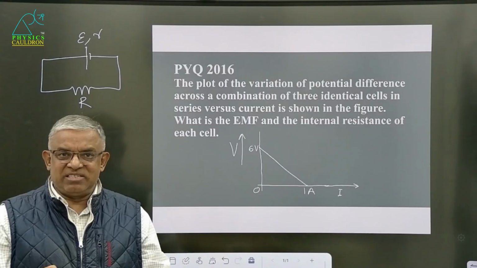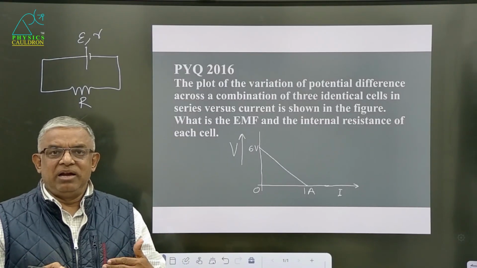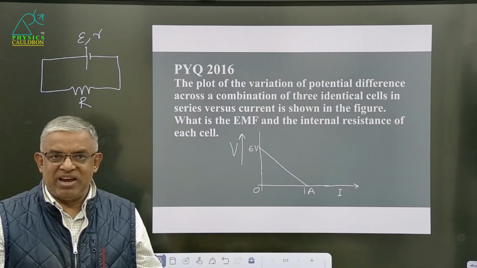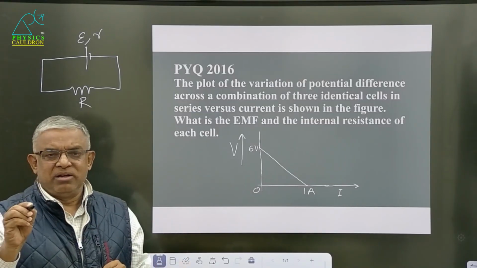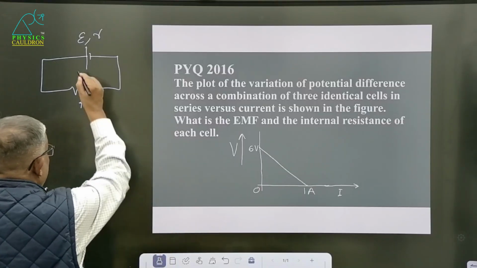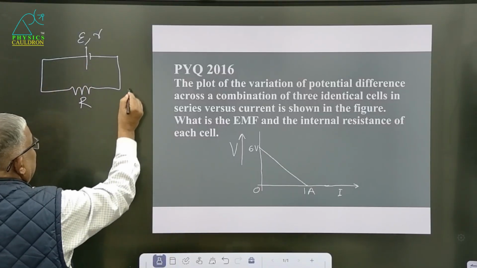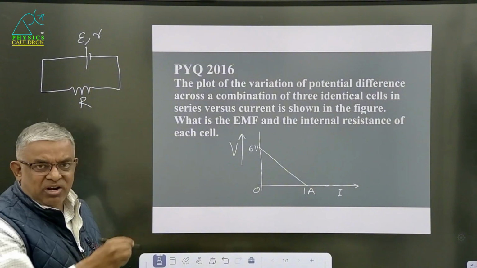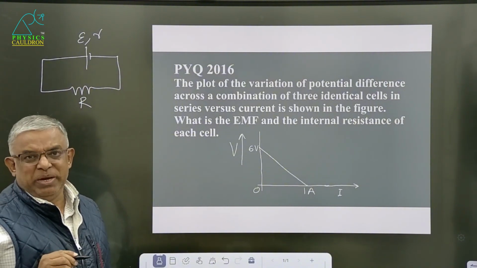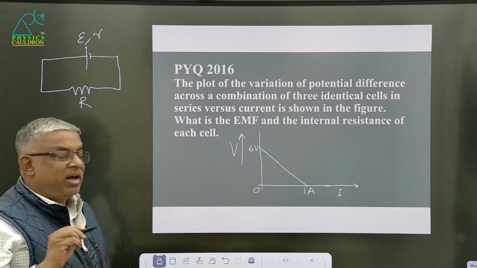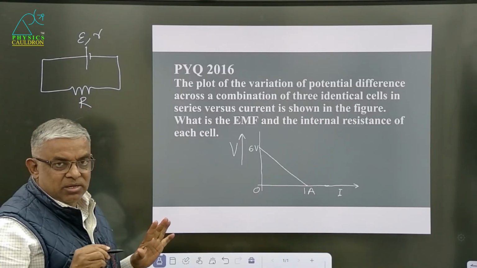That hindrance is the internal resistance of the cell. Then external resistance is the rest of the circuit. When the charge carriers flow through the rest of the circuit, that is external to the cell, whatever hindrance they experience is called external resistance.